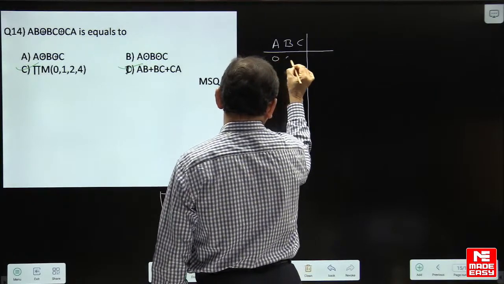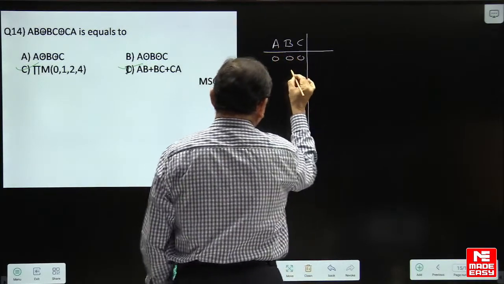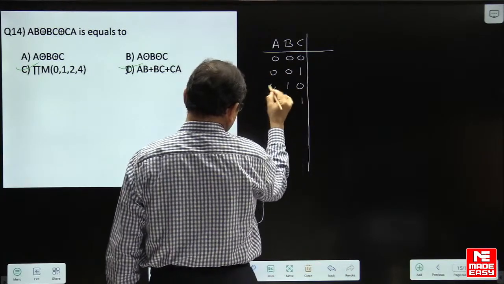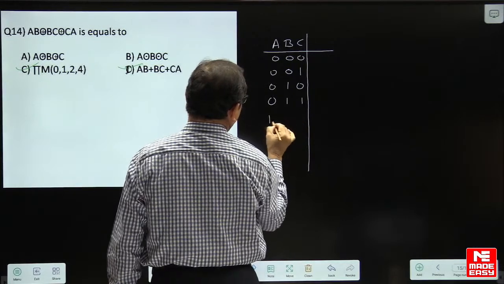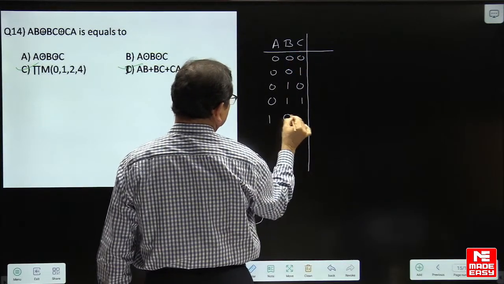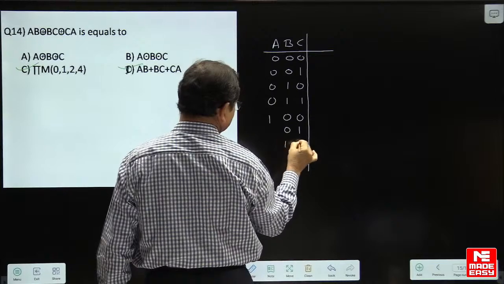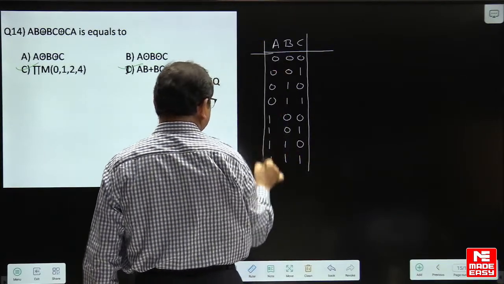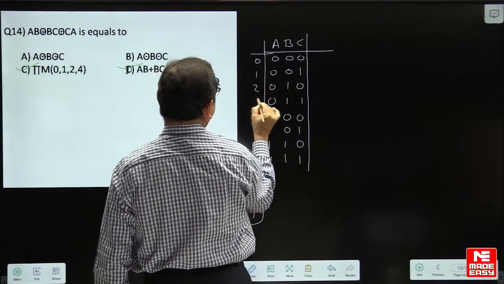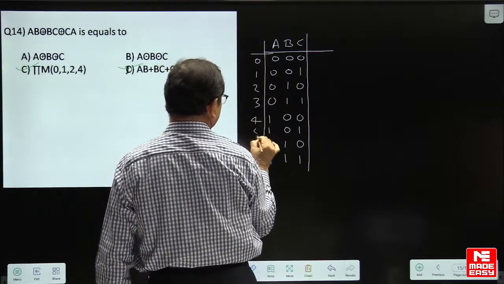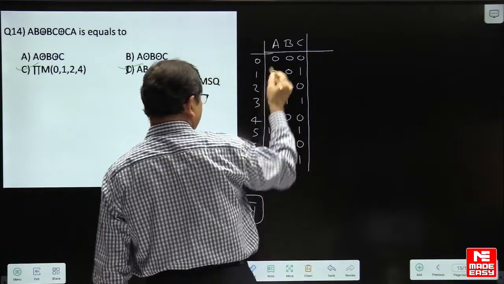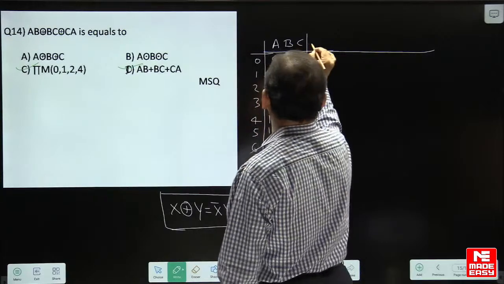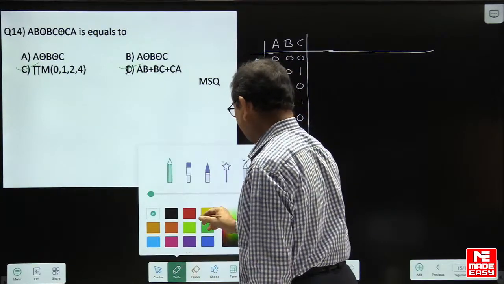How to write the 8 possible combinations, you know: A all 0 first, then 0 1 1 0 1 1 for the others, and for A equal to 1 you repeat. So it is better to read the equivalent decimal values. Whenever you are working with the K-map or the truth table, it is always a better practice. Later, let us try to look at AB.